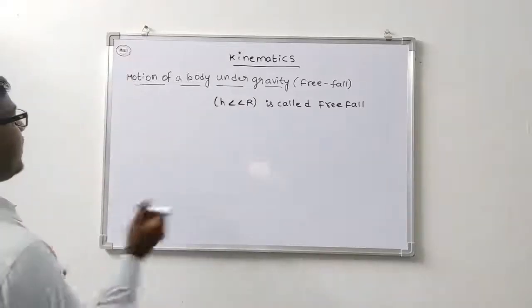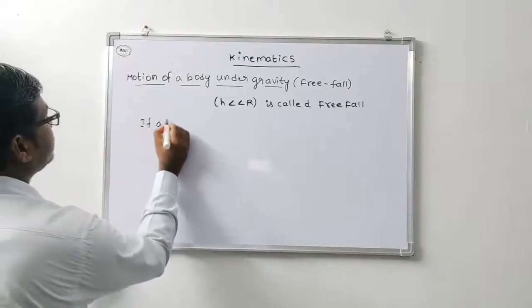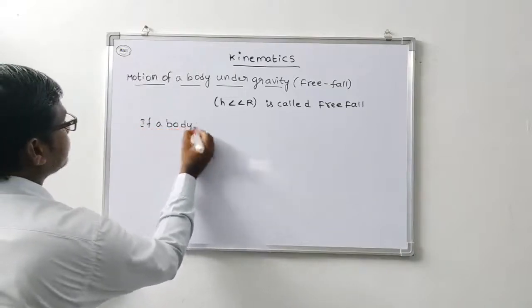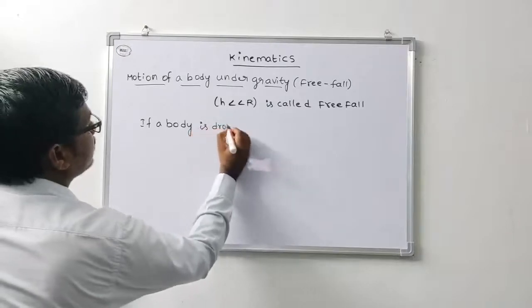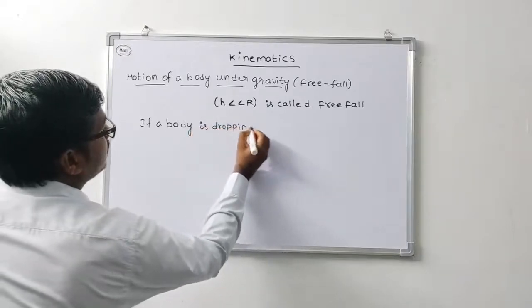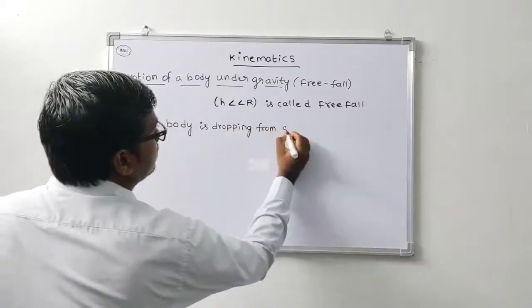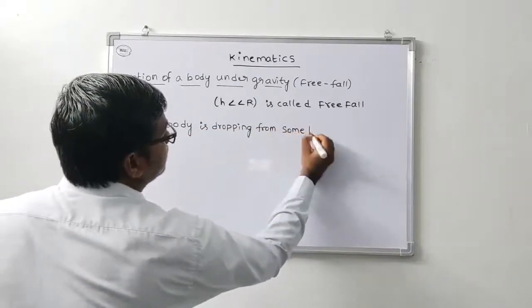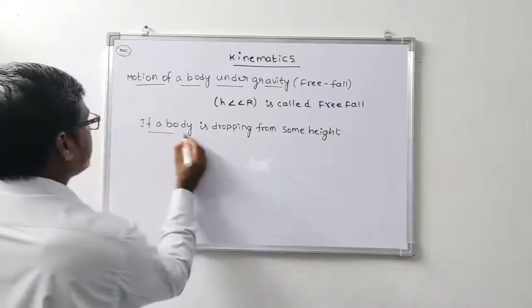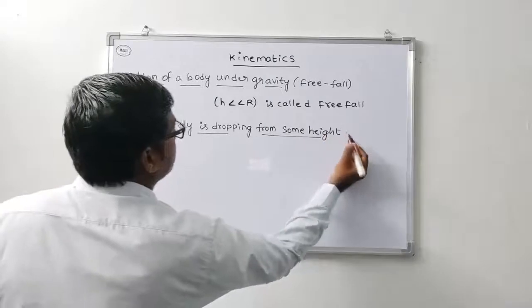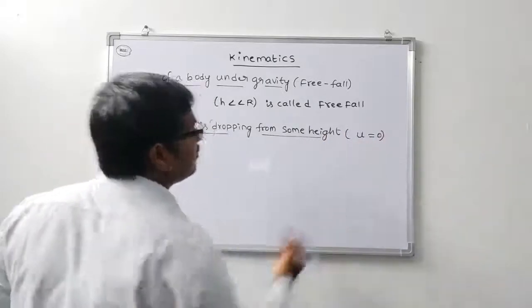Next, if a particle or a body is dropped from some height, the initial velocity is equal to 0.